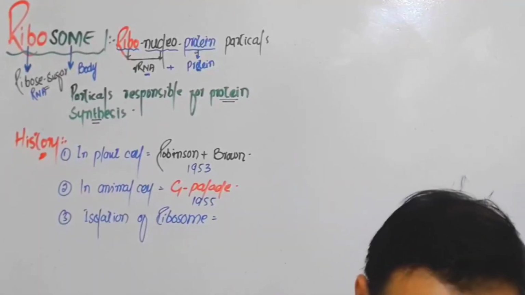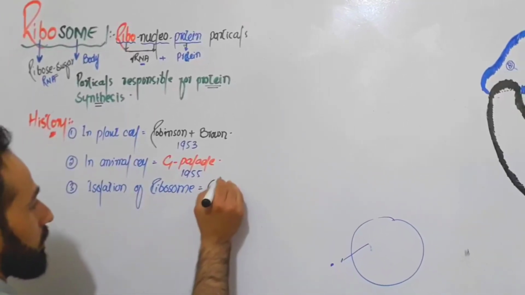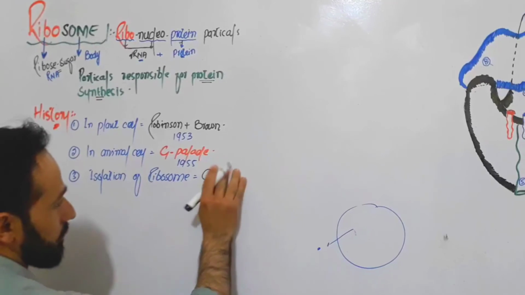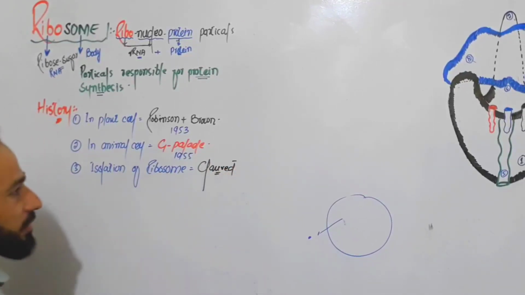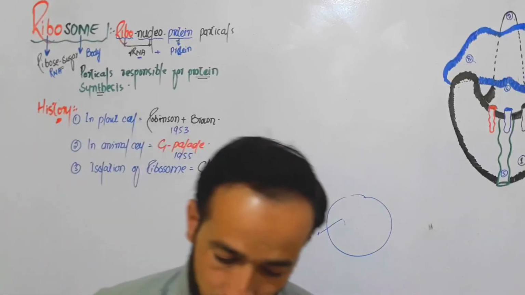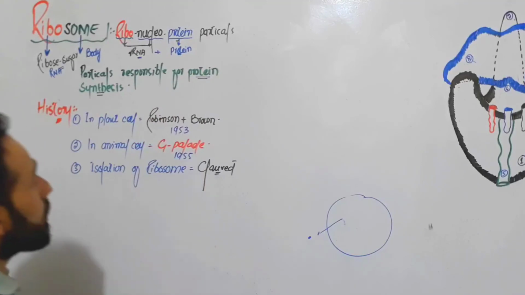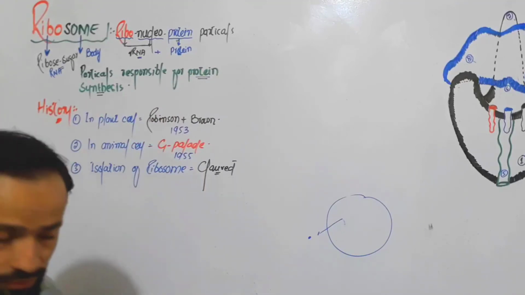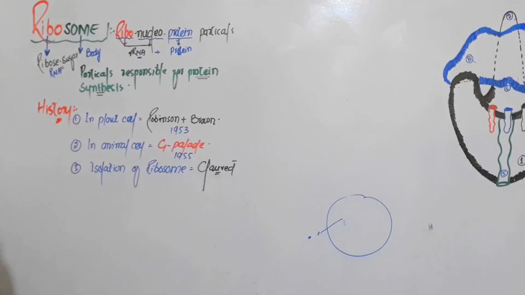So the personality was Claude, right? He was the personality who isolated ribosome, and we have said that ribosomes are also known as ribonucleoproteins, right?